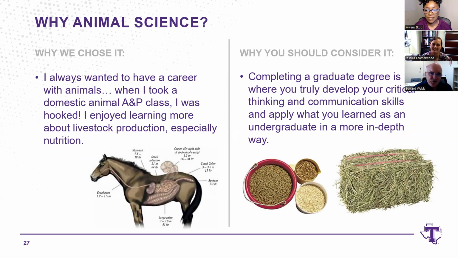There are two scenarios here. One is I always wanted to have a career with animals. So when I took a domestic animal and animal anatomy and physiology class, I was hooked. I enjoyed learning more about livestock production, especially nutrition. This is something that came from, I think, a second year student in the animal science group.